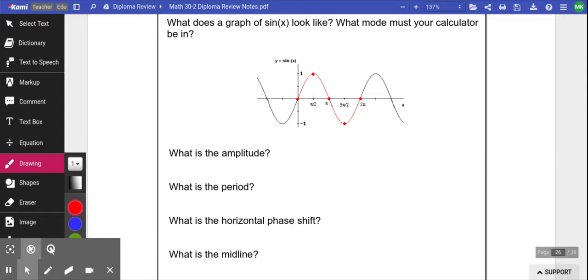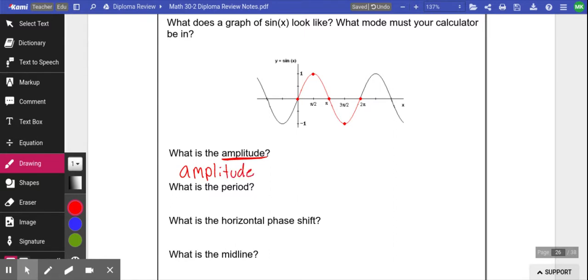There were certain terms that we needed to know. The first term was amplitude. For the record, amplitude we refer to as our A value, which we'll talk about in a bit.